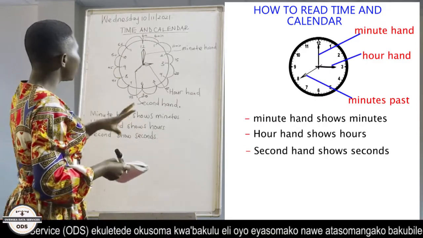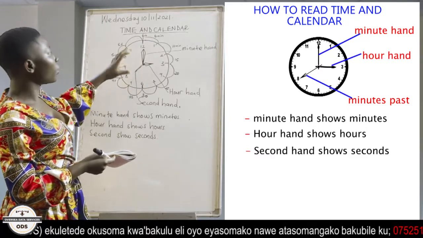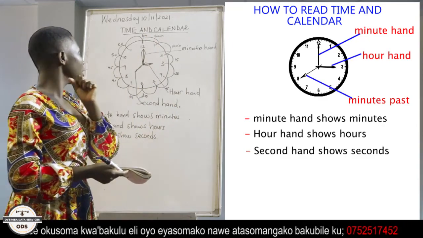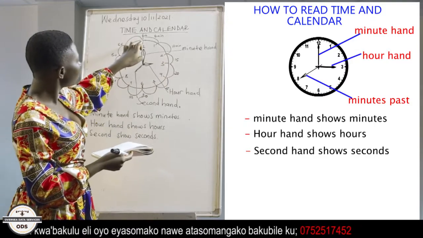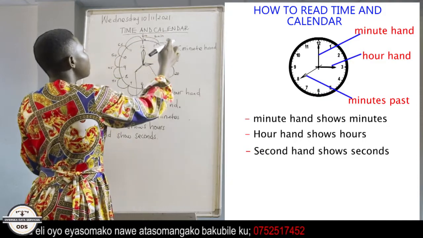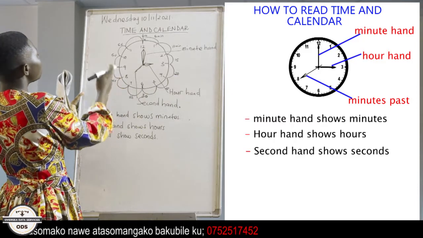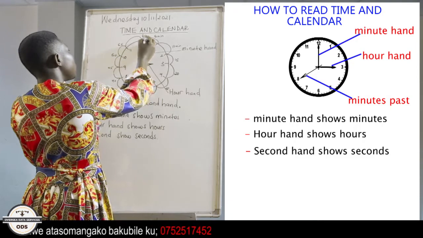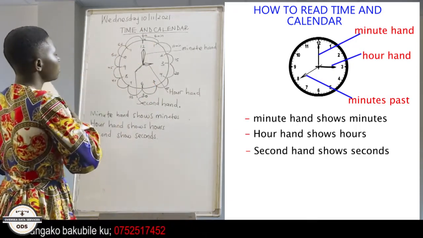Now we have identified that in 1 hour we have 60 minutes. When we were counting, we arrived at 60. Here we were counting from 0, 5, 10, 15, 20, 25, 30, 35, 40, 45, 50, 55, then 60. This one tells us that in 1 hour we have 60 minutes.